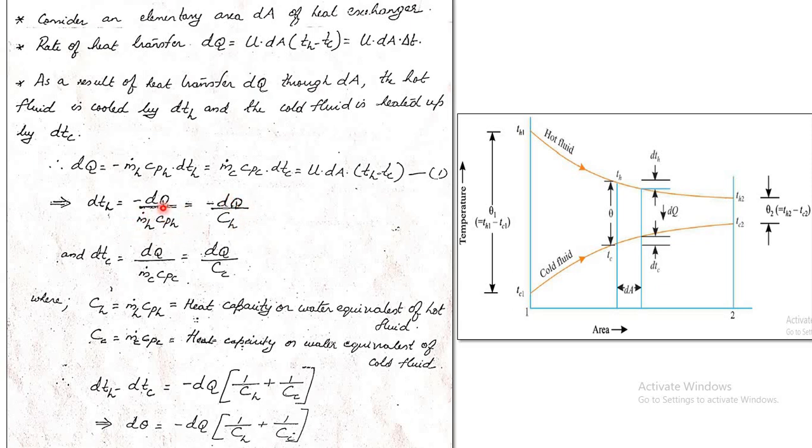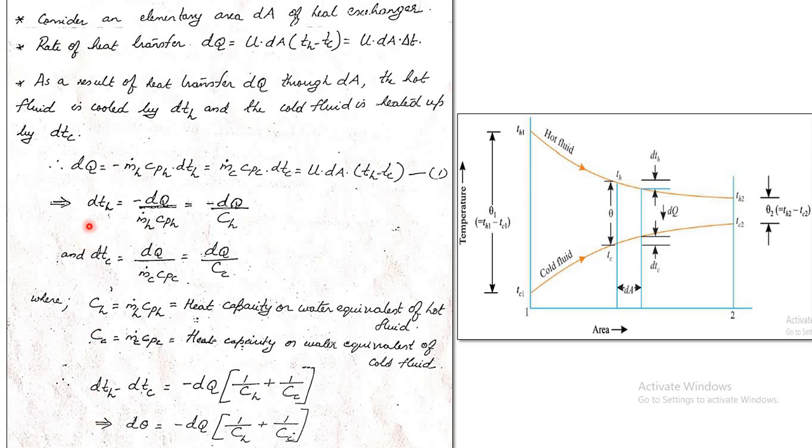So this quantity mH CpH we represent with a single term CH. And also from this equation you can write dTc equal to dQ by mC CpC, that is equal to dQ by Cc.